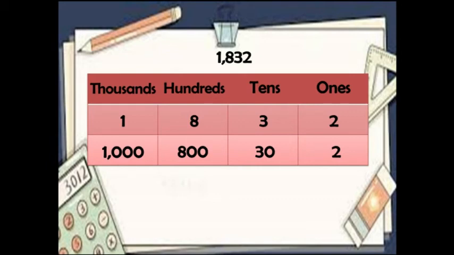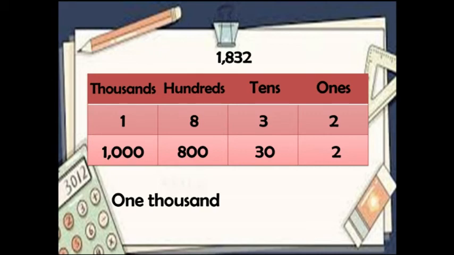1832 in words. So let's start with the higher place value, which is the thousands. Okay, write 1000 in words. So we write 1 and then the place value, which is thousand. Next is the hundreds. We have there 800.